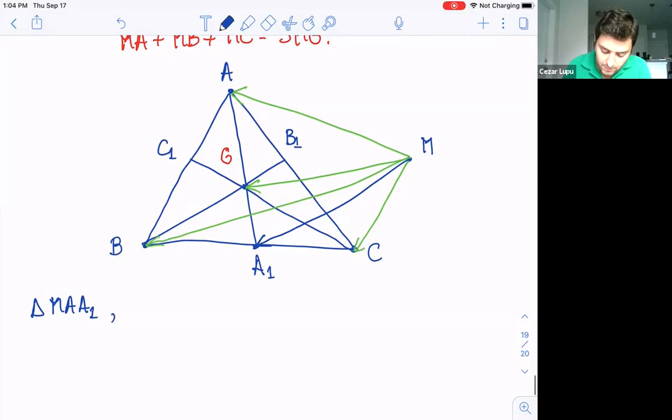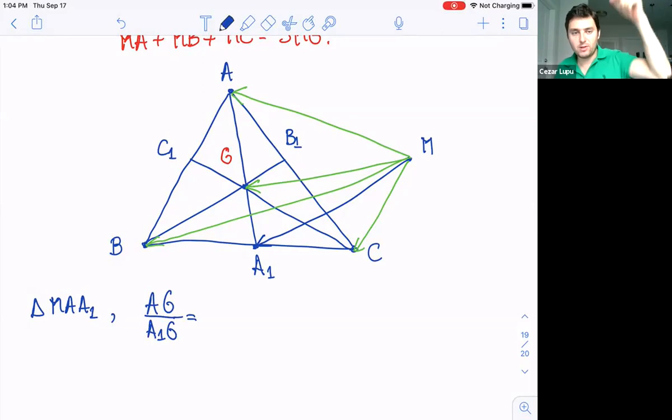But anyway, in this triangle, we know what? That AG over A1G will be what? What is the ratio of this? Since I said that this is 1/3 from the base and 2/3 from the vertex, this implies that AG over A1G will be, what?